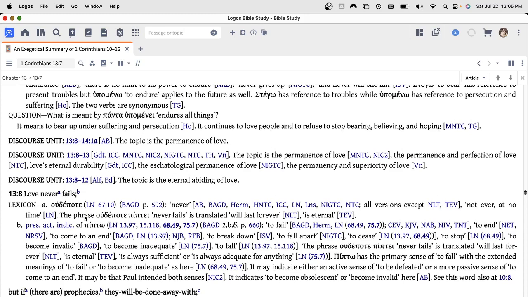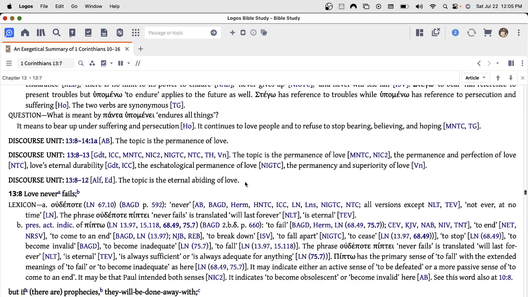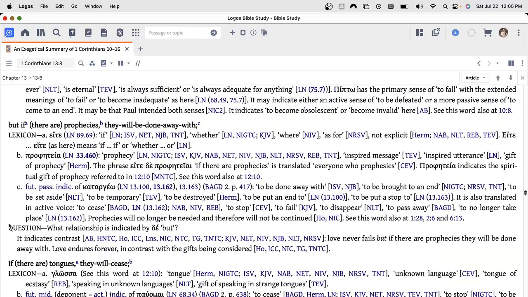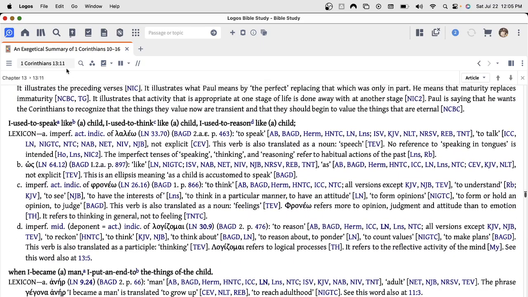It summarizes different ways that people understand it, and you don't have to agree with it. It quotes, for example, the New Jerusalem Bible, which I don't think is a good Bible translation. But it's going to tell you what the KJV says. You don't have to agree with all of this, it's just giving you information. But the questions that are asked are very good questions.